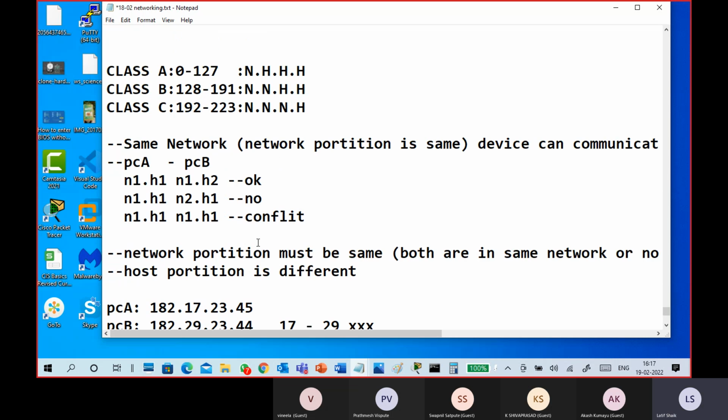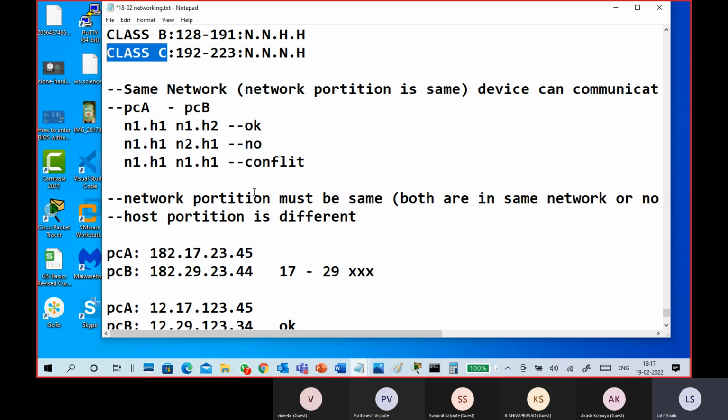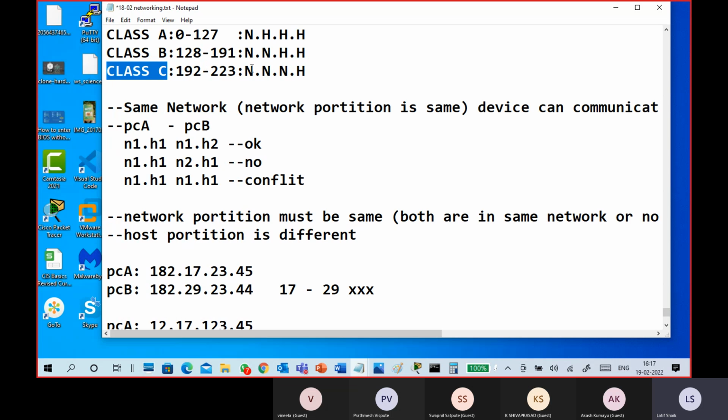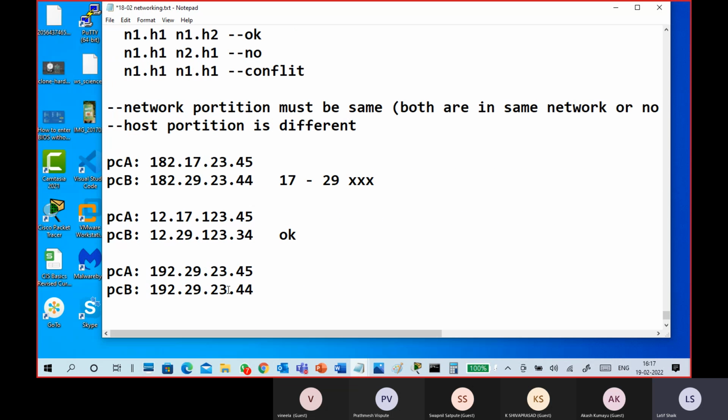It is a class C network, so the first three are network portions and the last portion is different. This is the host portion. Host portion can differ in one part or in all parts, both are acceptable.